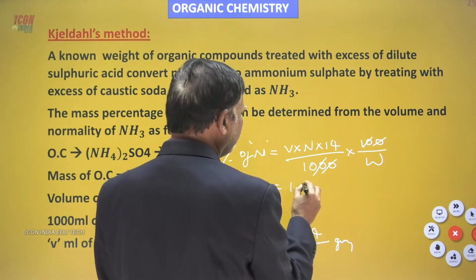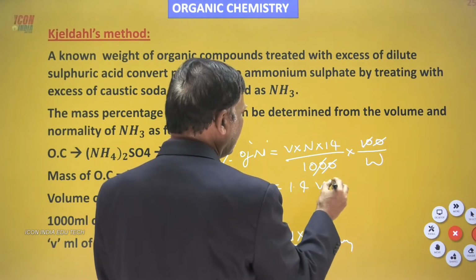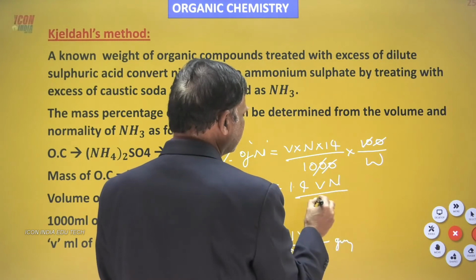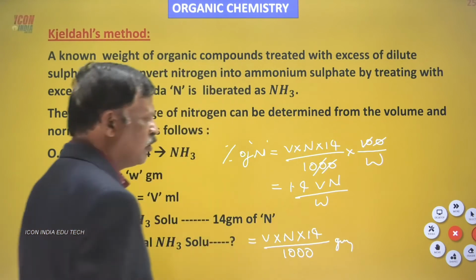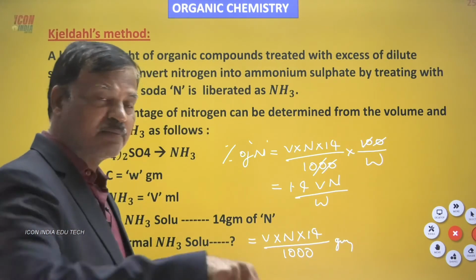So, 1.4 VN by W. That gives the percentage of nitrogen present in the organic compound by Kjeldahl's method.